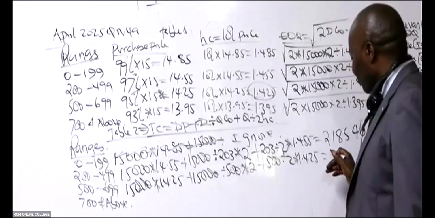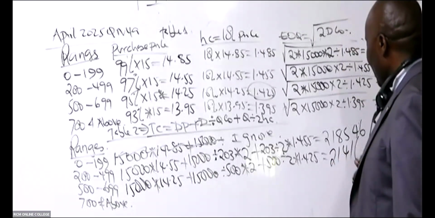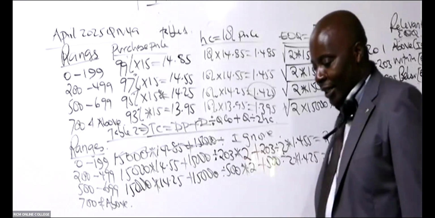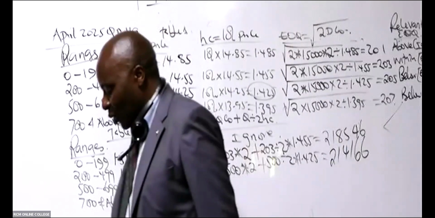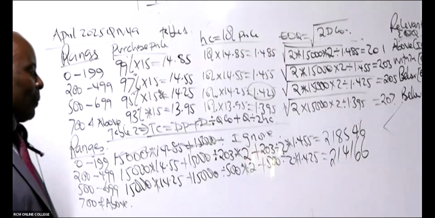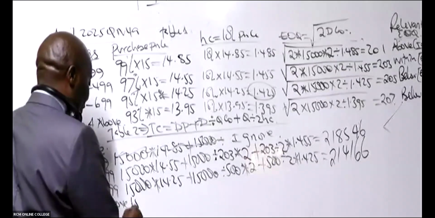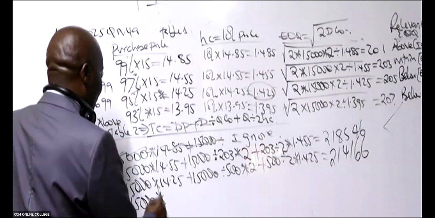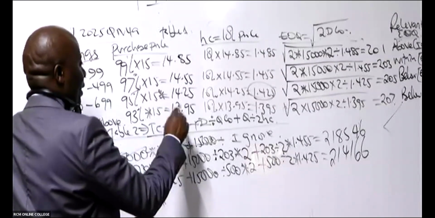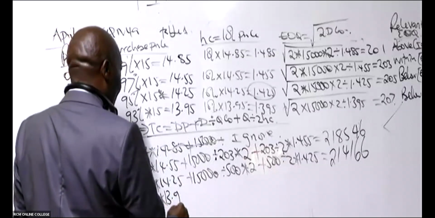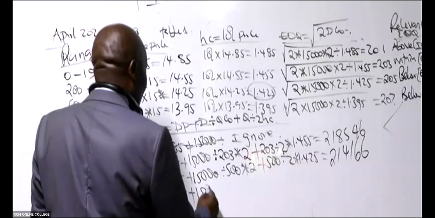214, 166. Yeah, thank you so much. Now from there, we go to the fourth one, which is the last one. I'm happy because the last one, so the demand remains the same, times the price per unit, which is 13.95, plus 15,000.